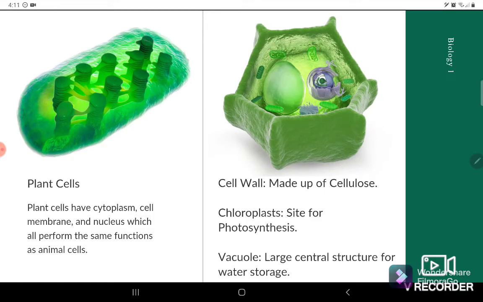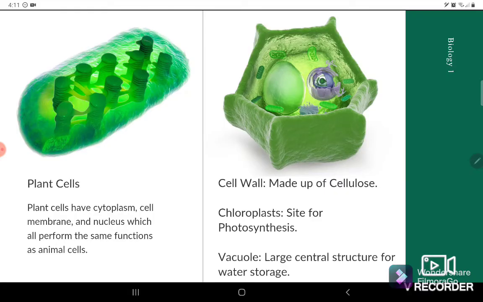Because as we all know, plants need an adequate amount of water in order for them to grow and in order for their cells to be healthy. This vacuole is so large that it almost occupies the whole cell. So these are the three organelles of the plant cell that are only present in this type of cell.